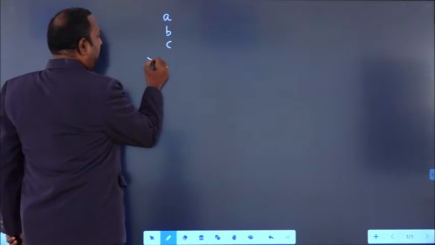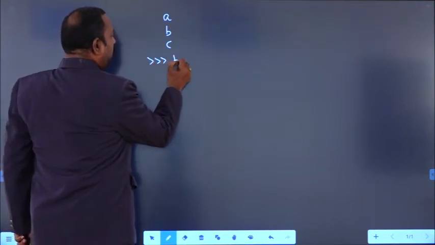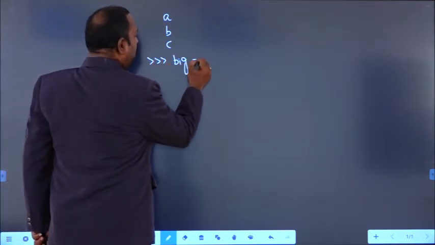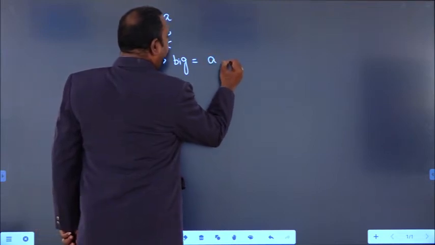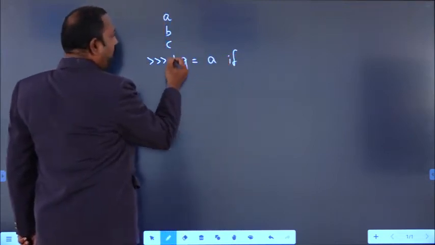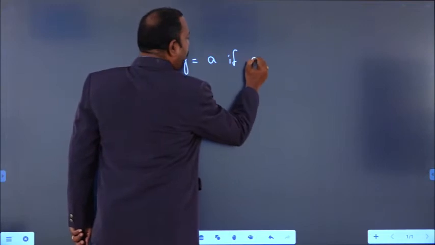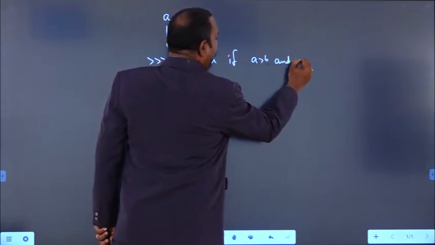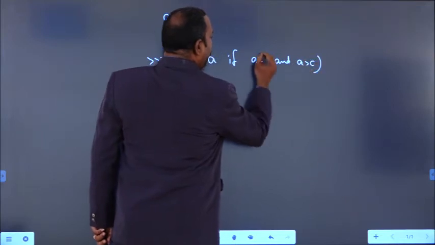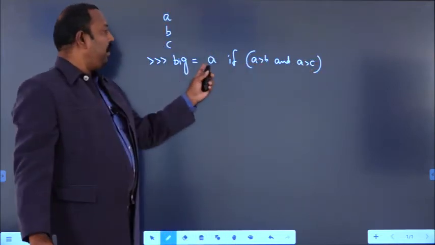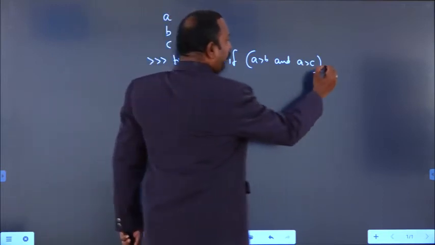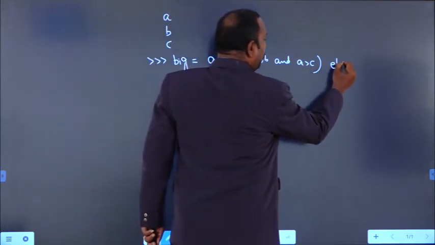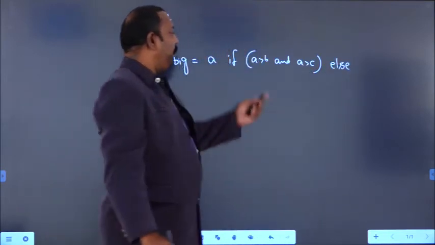So we will write big equal to a if a is greater than b and a is greater than c. If both conditions are true, then a is the biggest number. False means else, a is not the biggest number.